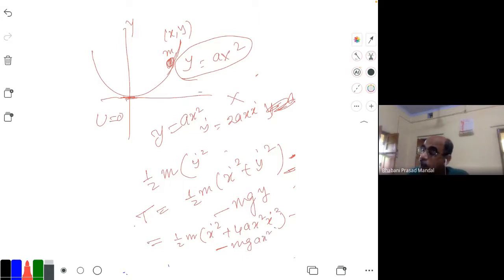So it is 1 degree of freedom because this particle moves on this parabola shape. So it will be one dimensional. There is only one coordinate x. You have to calculate this, simplify this, but everything in terms of x. So this will be your Lagrangian.